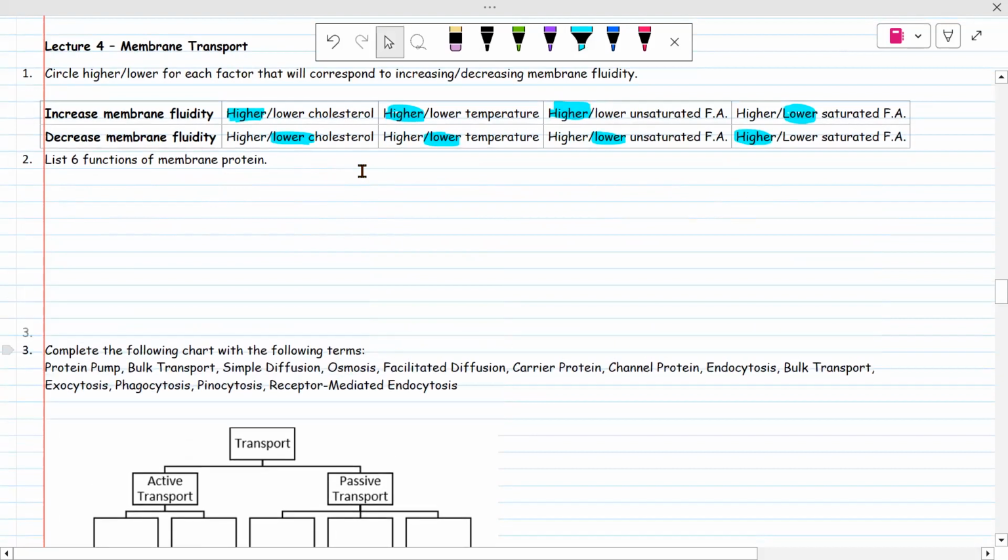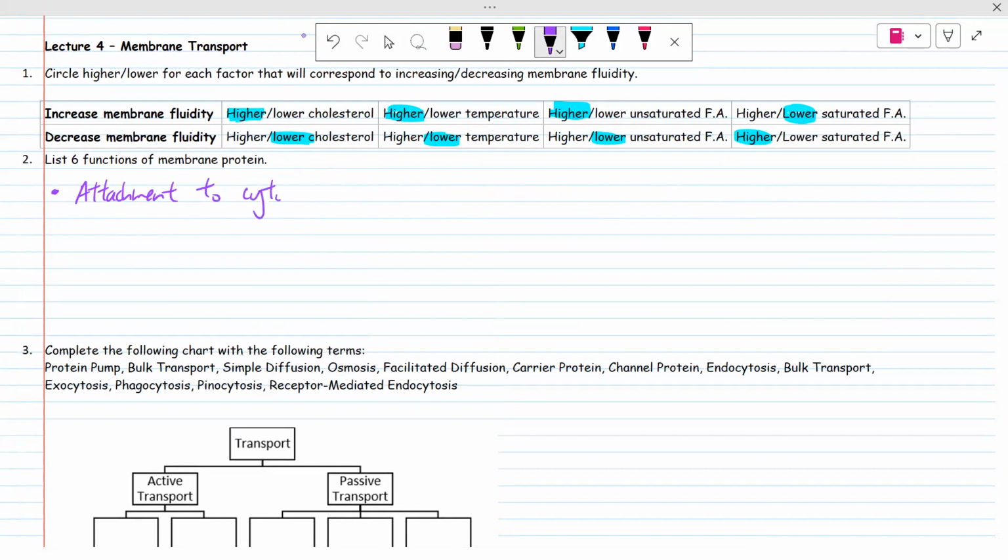Okay, list functions of membrane protein. Let me just get my pen back here. So attachment to cytoskeleton.